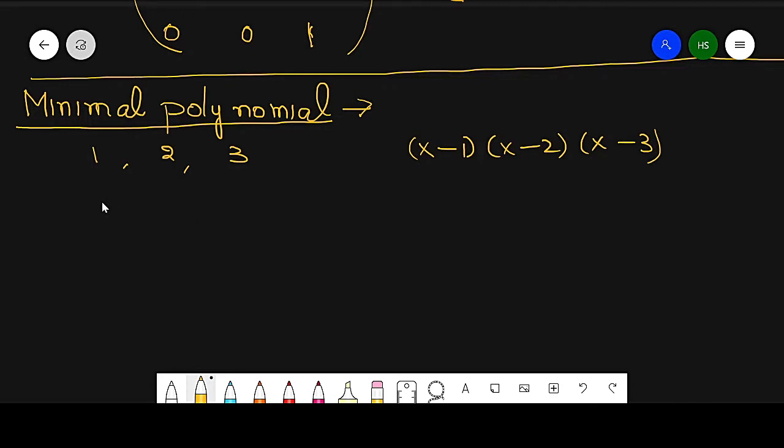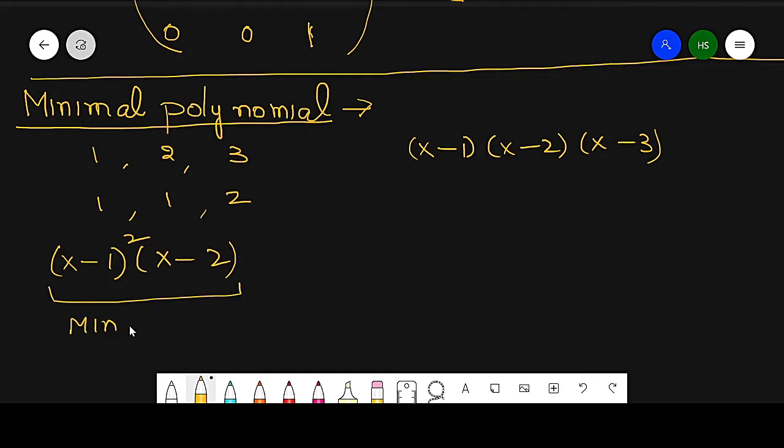Now again, suppose I have roots 1, 1 and 2. From these three roots I can construct a polynomial (x - 1)² (x - 2). But this is not a minimal polynomial.